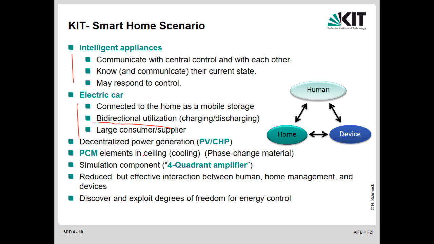We have the power generation. We have phase change materials. Phase change materials are small packets of some kind of salt, some minerals, which melt at around 23, 24 degrees. They are put in the ceiling of this apartment, or that house.